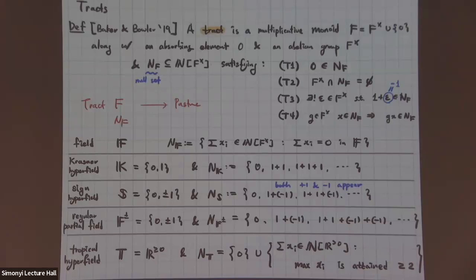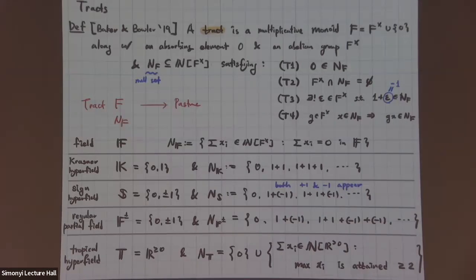If you consider only the 3 terms, then you get the pastures. And there are some cases where 2 different tracts may result in the same pasture. Same pasture, yeah.